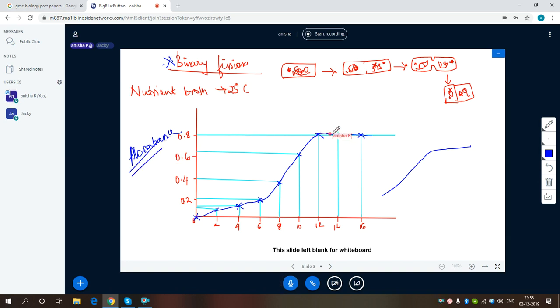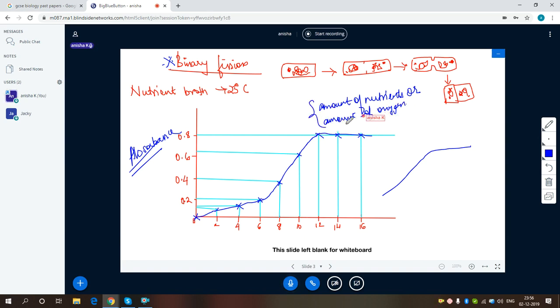So what we can say is that this has been constant here because the amount of nutrients or amount of oxygen might be the limiting factor.